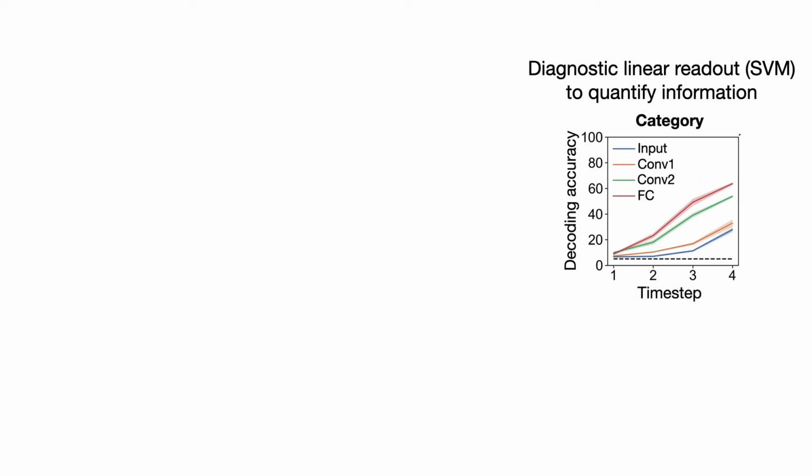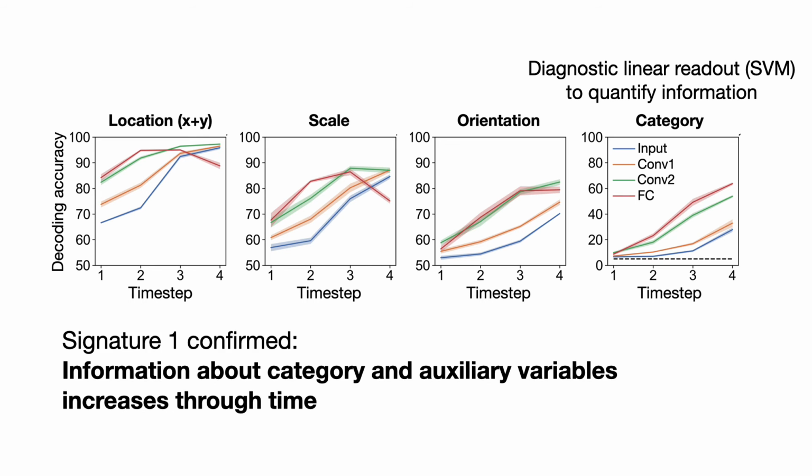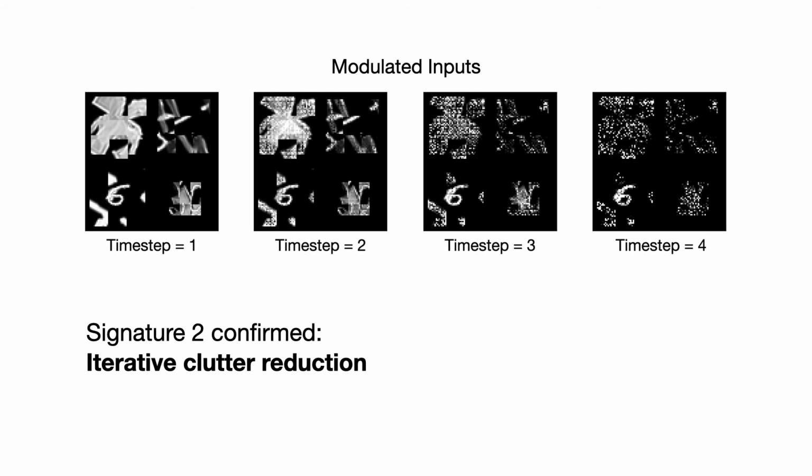This is just a signature of iterative category inference. Correspondingly, we also find an increase in information about all three auxiliary variables through time. So this confirms the first signature that information about category and auxiliary variables increases through time. So the network is actually extracting these auxiliary variables, which are category orthogonal and not task relevant from our standpoint.